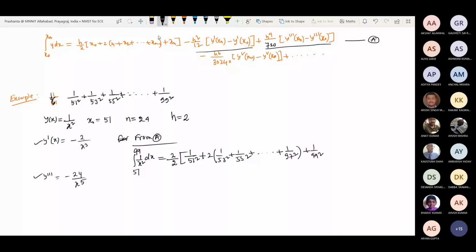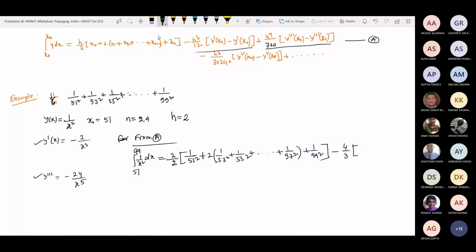Minus h square by 12. So h square by 12 will be 4 by 12. You have to evaluate the first derivative at xn, so the first derivative at x equals 99 minus the first derivative at x equals 51.